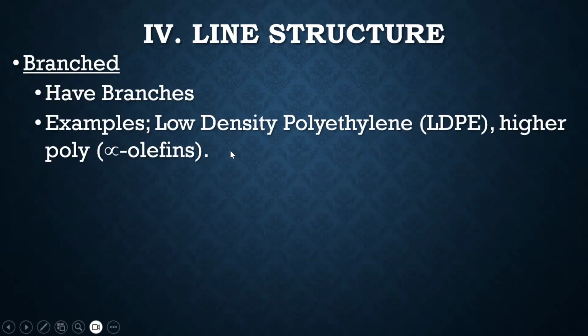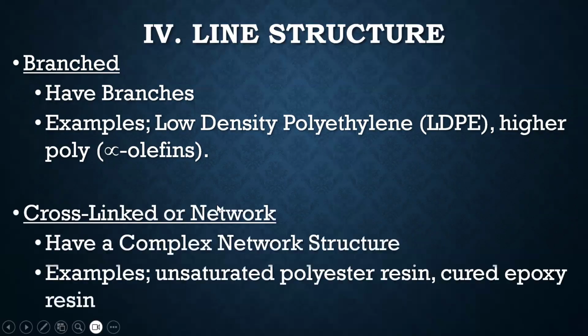Branched polymers have branches like the low-density polyethylene, LDPE, and the higher polyalpha olefins. The cross-linked or network polymers have a complex network structure like a web structure, like unsaturated polyester resin and cured epoxy resin.